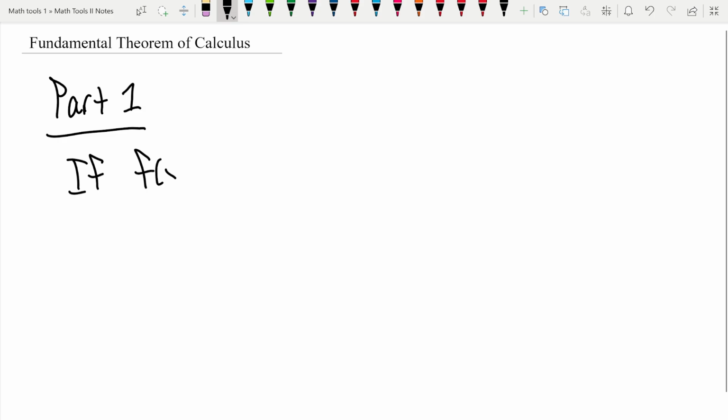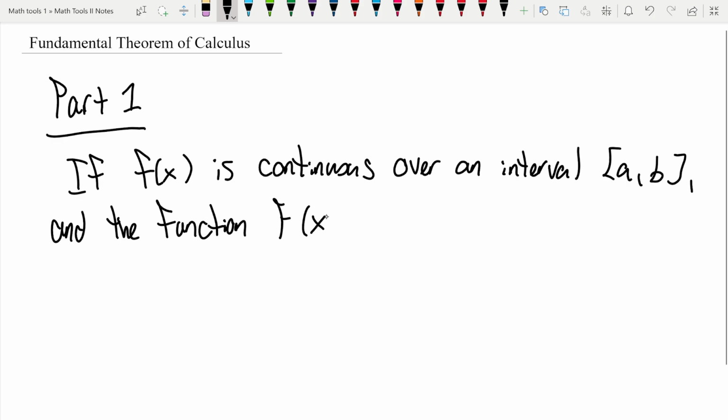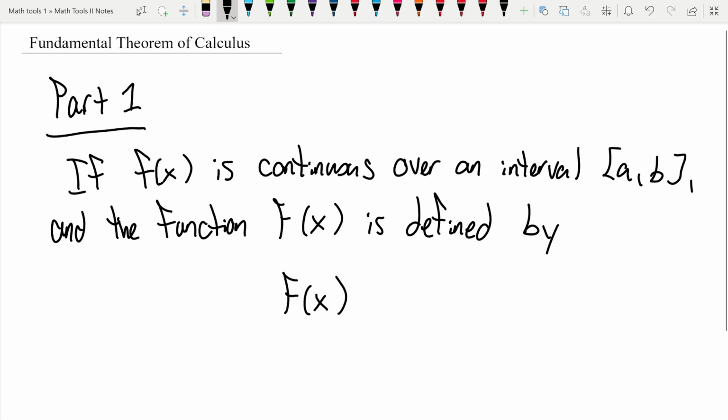Okay, so this says if f of x is continuous over an interval AB, and the function F of x is defined by F of x equals the integral from a to x of f of t dt.